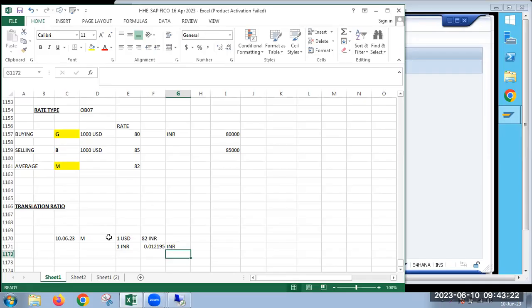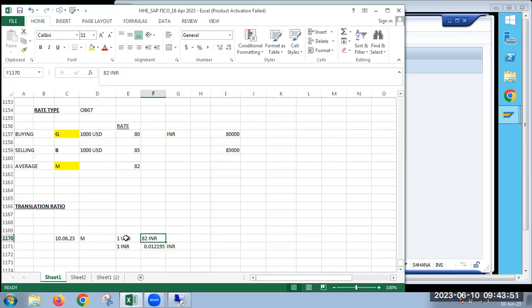Here we can specify the rate, 1 INR equal to 0.012 USD, from the foreign currency to the local currency, or from the local currency to a foreign currency. Based on our convenience and the rate specification available, we can specify it either way.